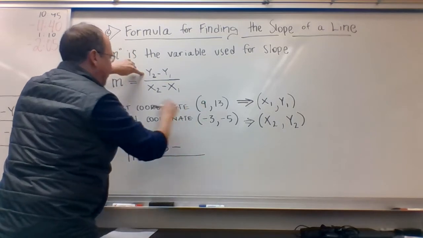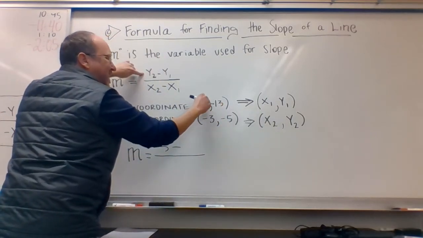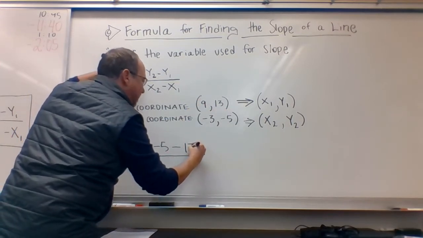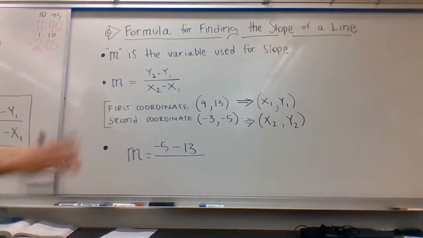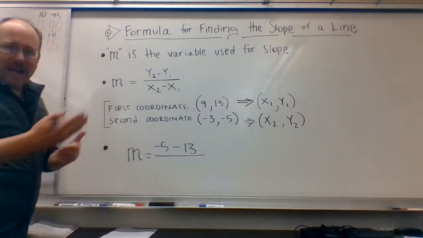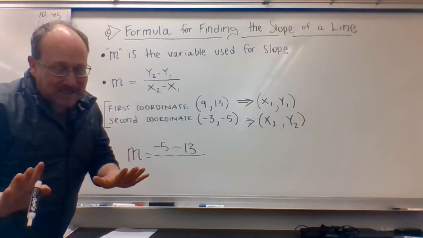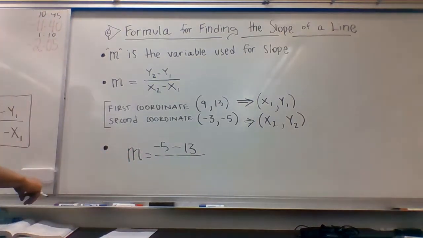So here's my first coordinate, y1. So that 13 is the first coordinate. Okay, hang on there. I know this is a lot of information. You're going to need to go back and rewatch this, possibly. And you're definitely taking notes in your journal.